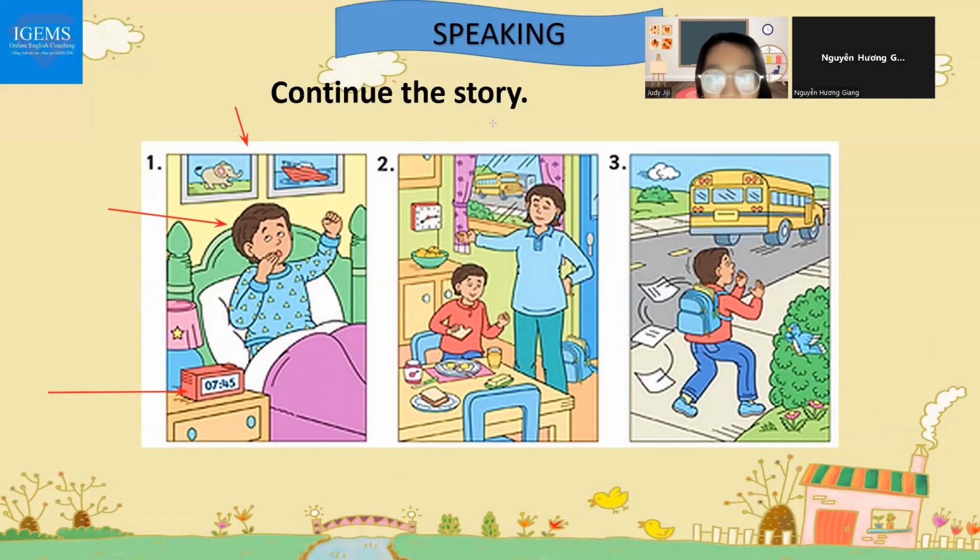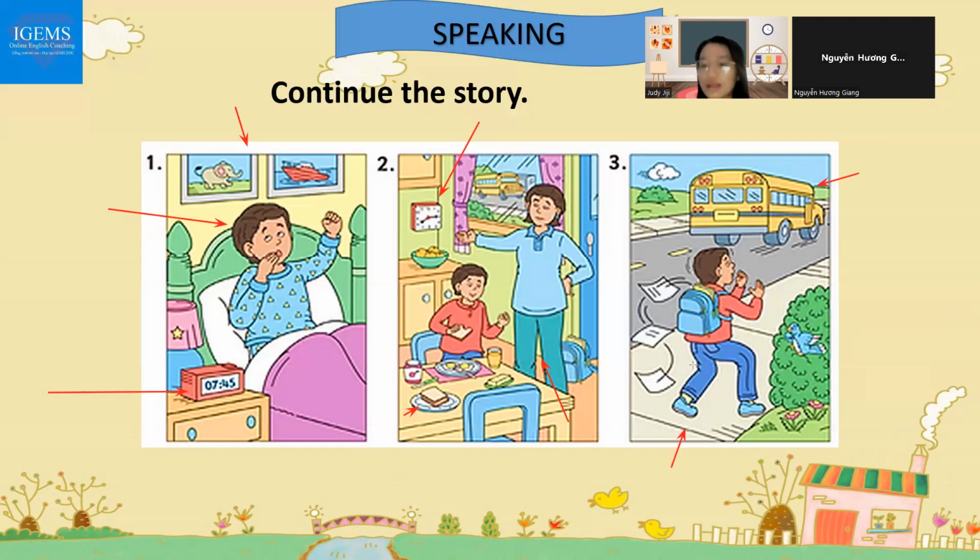Next one, let's take a look at the clock. Is it the time in the evening, morning, or the afternoon? What are they doing here, the mother and the daughter? And what is she doing with that stuff on the table? And picture number 3, take a look at the bus and the action of this girl.